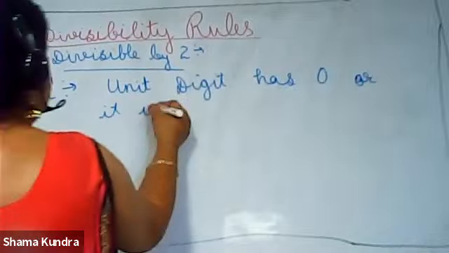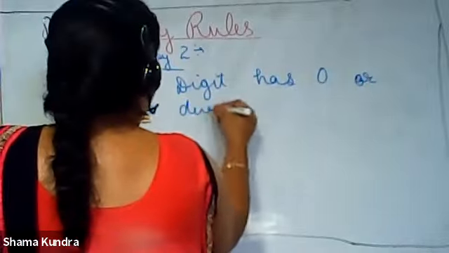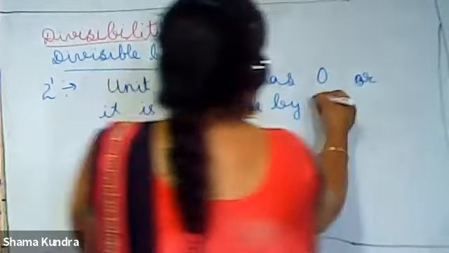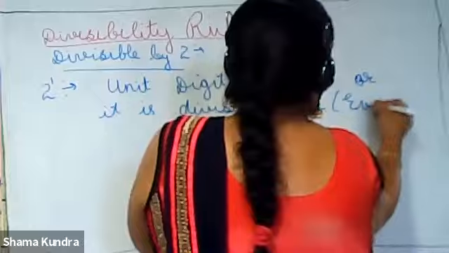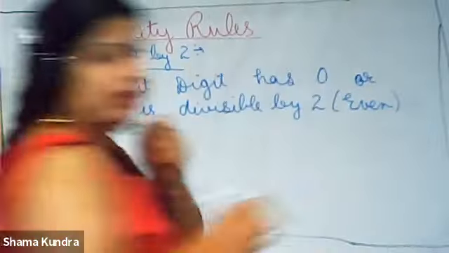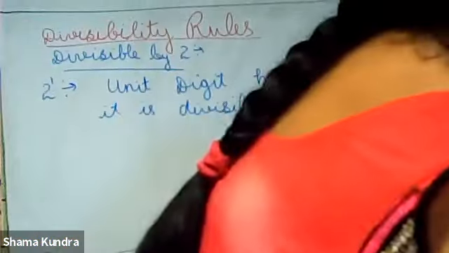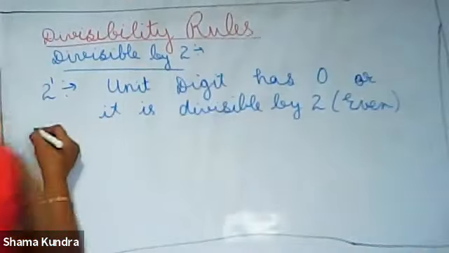If it is divisible by 2, it means it is an even number.